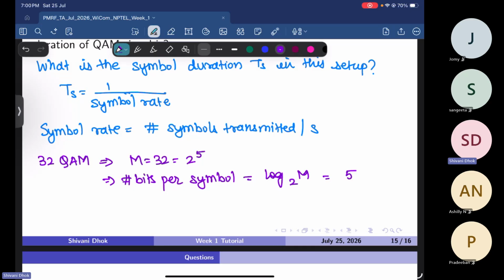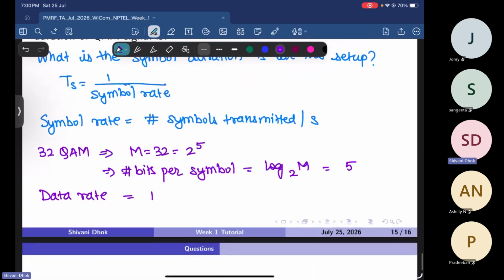Then what is given to us is the data rate, which is 12 megabits per second. So these are the number of bits that are transmitted per second. So how will we get symbol rate?